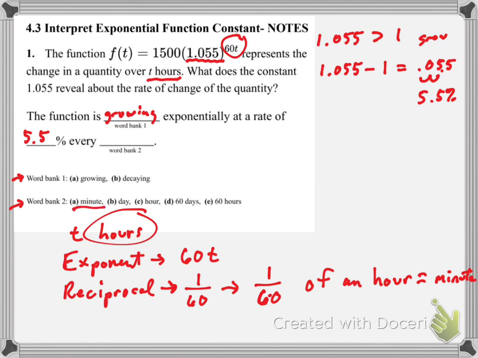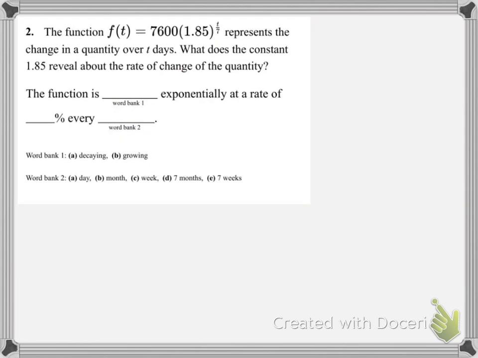So we come up here, and that's how it finishes. The function is growing exponentially at a rate of 5.5% every minute. Okay, we have another function. All right, so here's our constant.